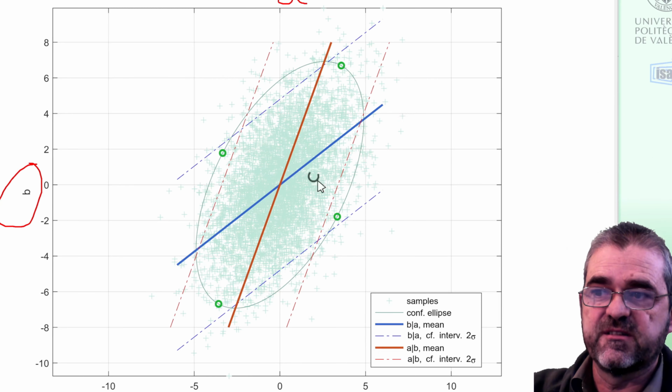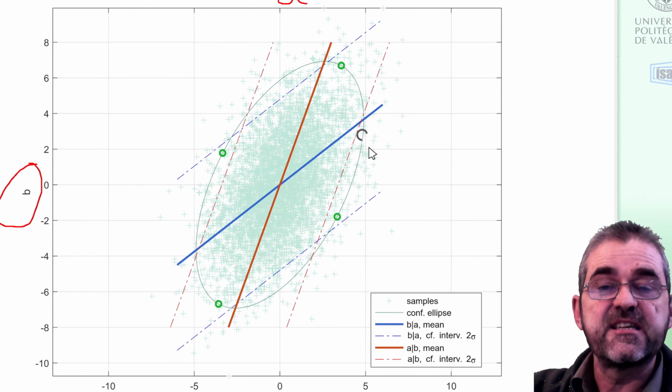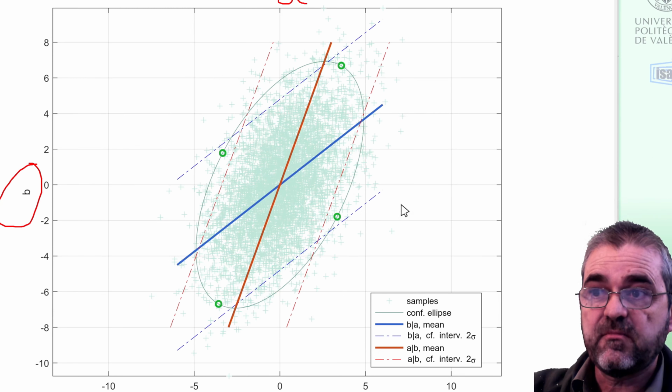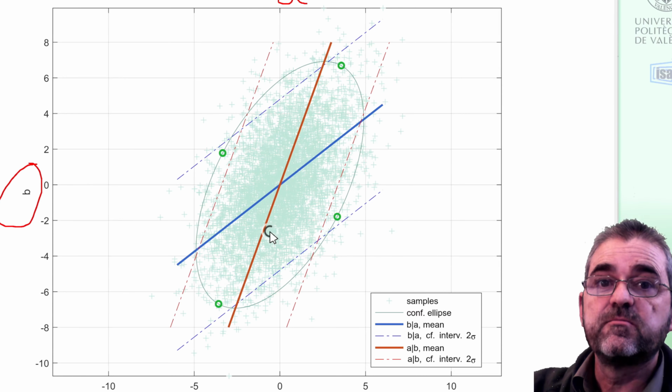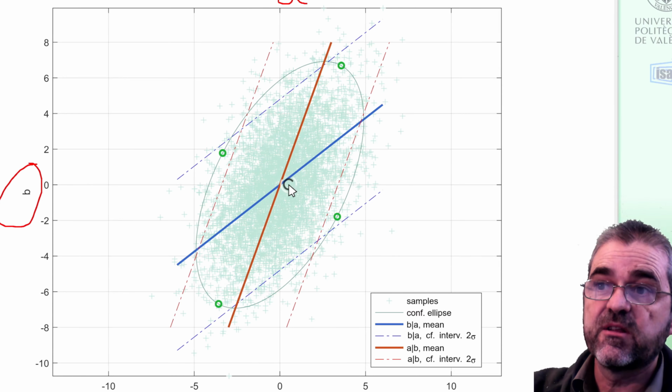We have some confidence intervals also, in dashed lines. So if one model had been the algebraic inverse of the other, then the blue and red straight lines would have been coincident, but they are not.